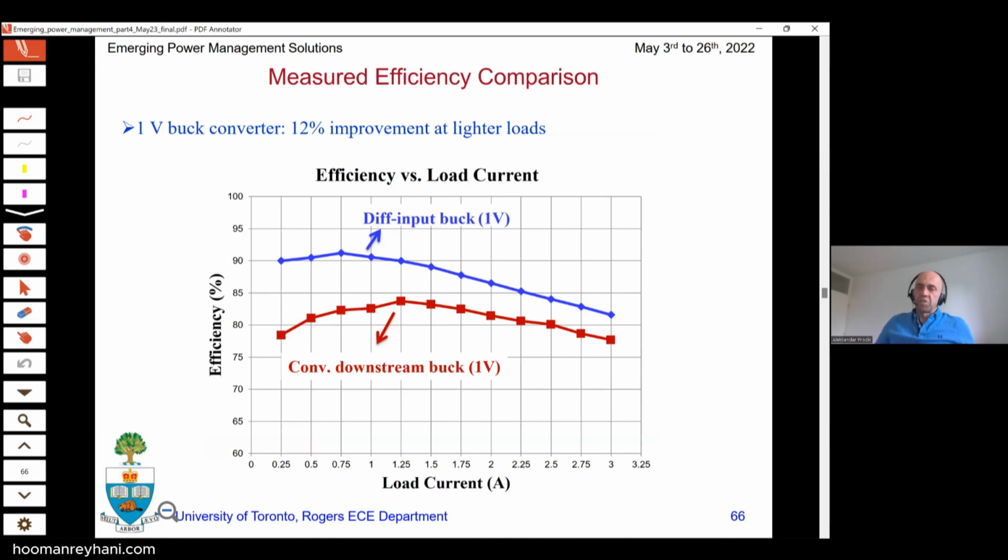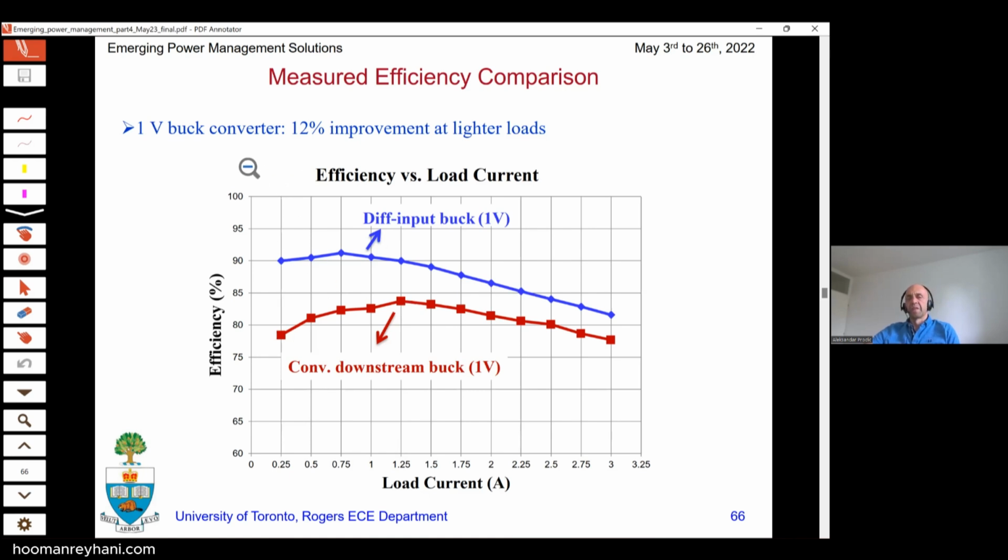And then, as mentioned before, we cannot just go with the size reduction without efficiency improvements. And here, this diagram shows efficiency improvements compared to the conventional converter, conventional downstream buck. So the differential input buck here that is providing 1 volt has a peak efficiency of about 90%, and the similar buck created out of the buck with the same rating and running at the full voltage has lower efficiency.